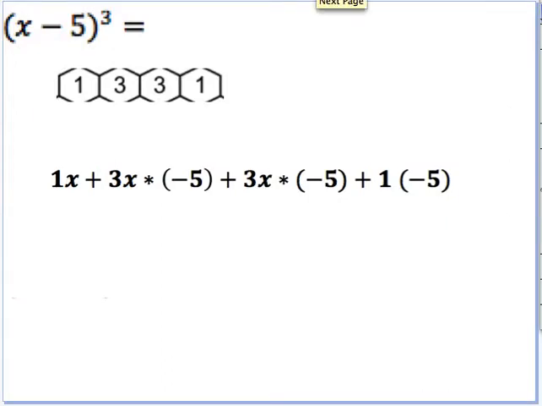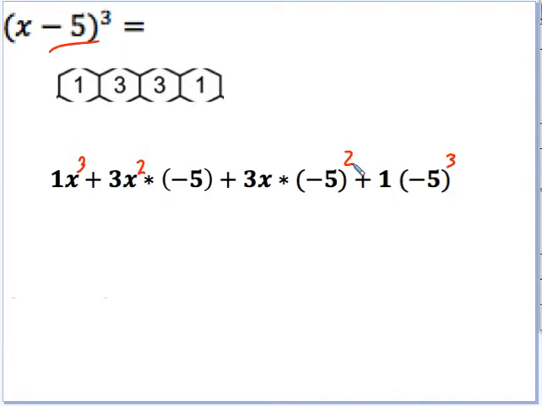Here's another one. Notice this time I have a -5 here, and so I need to multiply all those out after I figure out all the exponents. This one is going to have an exponent of 3, 2, and 1. Then this would be to the 3rd term, squared, and then a 1 there.